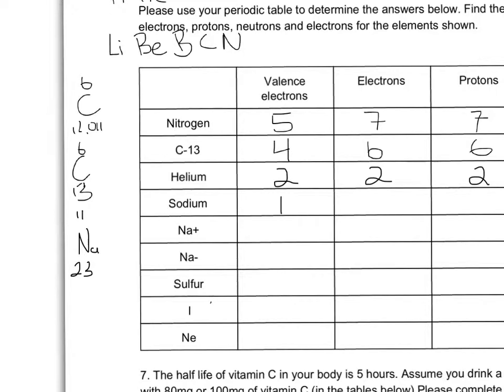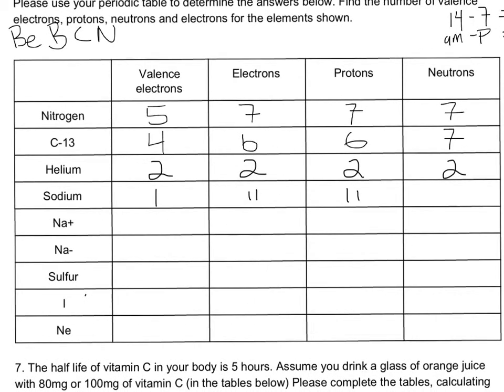Its total number of electrons will balance its protons, which is 11. So it will have 11 electrons and 11 protons. For the neutrons, we have an atomic mass of 23, 11 protons. Atomic mass minus protons equals neutrons. 23 minus 11 equals 12 neutrons.